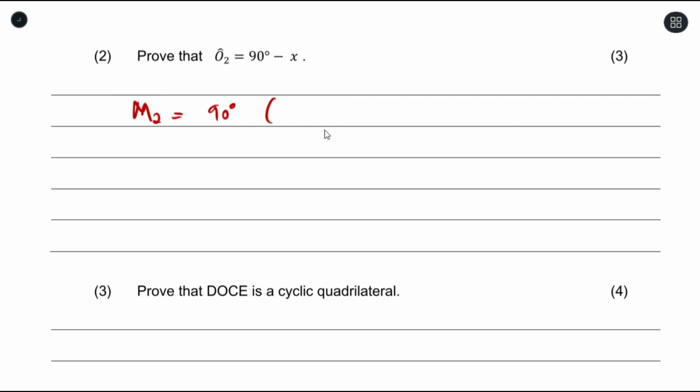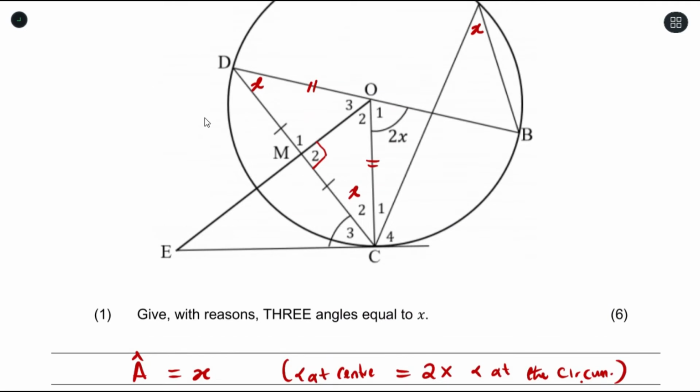Now this is the first theorem. The first theorem says whenever you draw a line from the center and it bisects a chord, we normally say it is perpendicular. Okay, so we have M2 as 90.